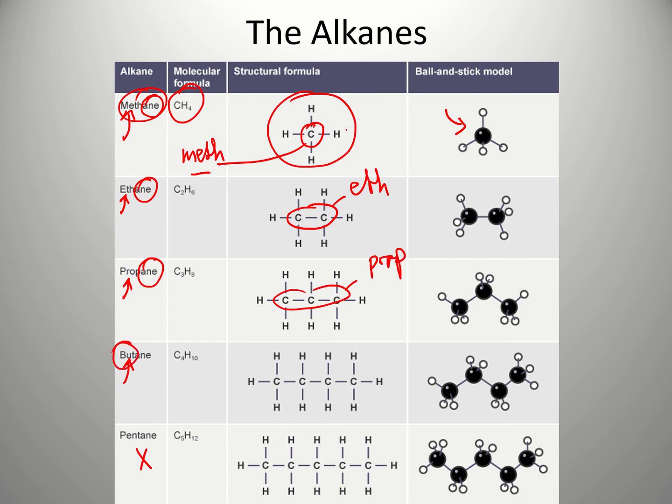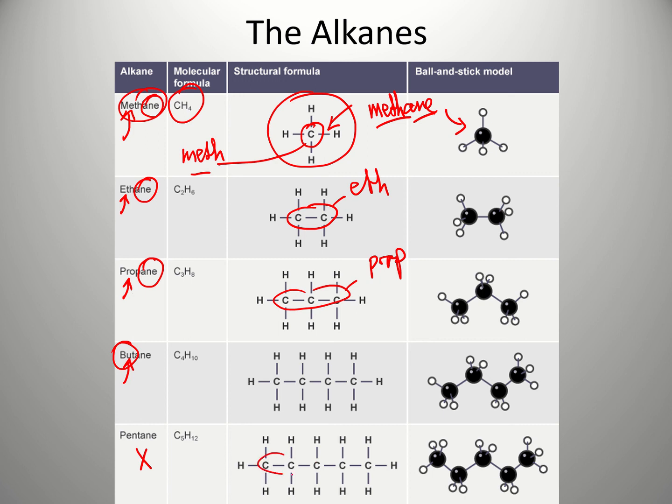So we put those two pieces of information together. They're all single bonds. They contain carbon and hydrogen only. So therefore they're alkanes, so their ending is ANE. We then count the number of carbons. In this one we have 1 carbon and the code is meth. We put those two pieces of information together and we have methane.